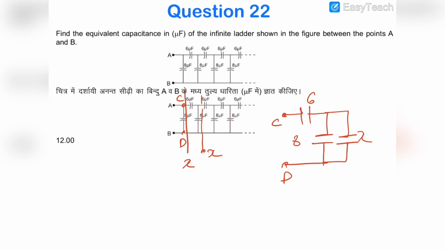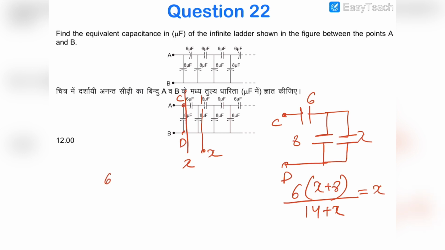So equivalent capacitance would be 6 into X plus 8 upon 6 plus X plus 8, which is 14 plus X, and that is equal to X again.